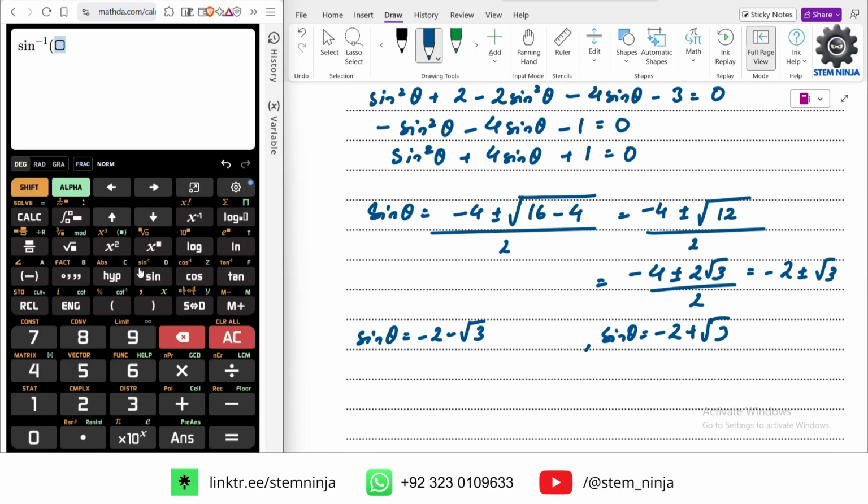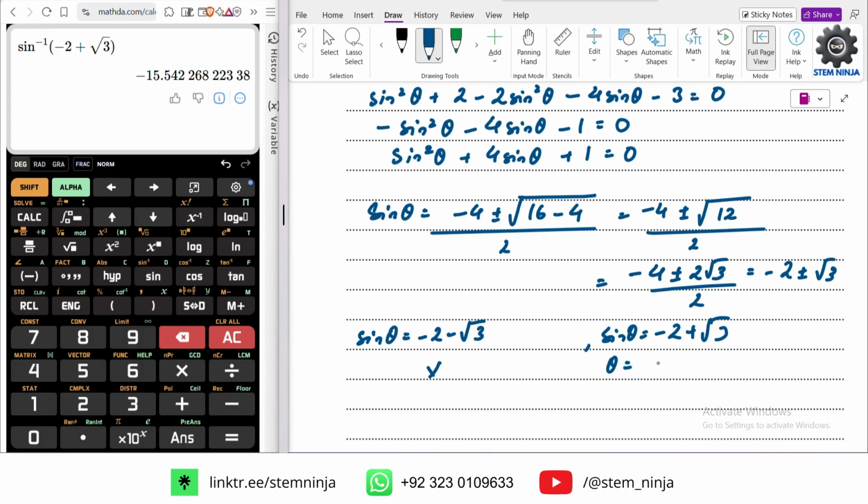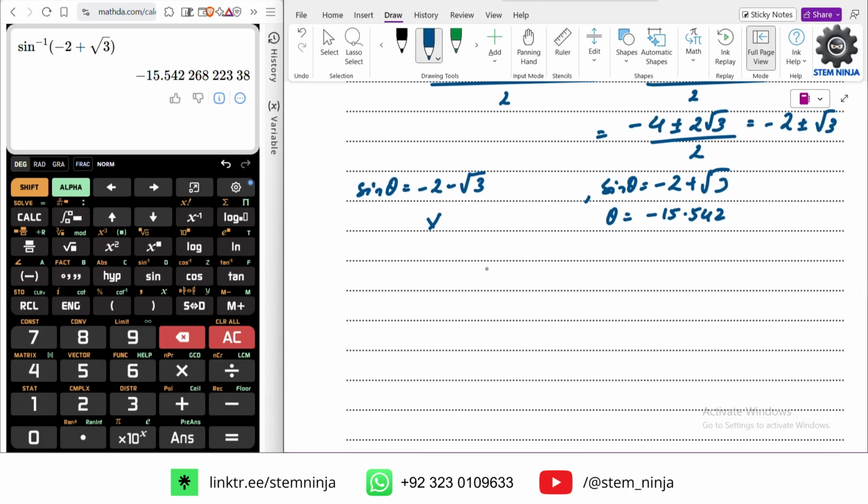So sine inverse of minus 2 minus root 3, in degrees. Right, so obviously this will not give us any solution because this has gone past minus 1. If we do plus, we get minus 15.542. So remember, minus 15 means before 0. So we need 0 to 360.